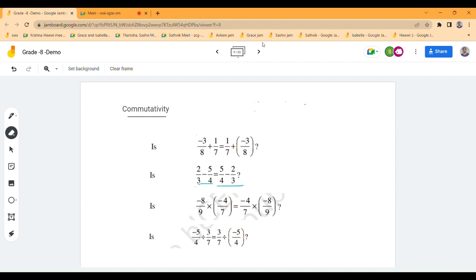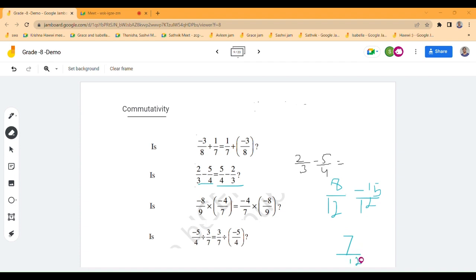Commutative is not closed in subtraction, but here what answer will you get? 2 by 3 minus 5 by 4. Which part is negative?